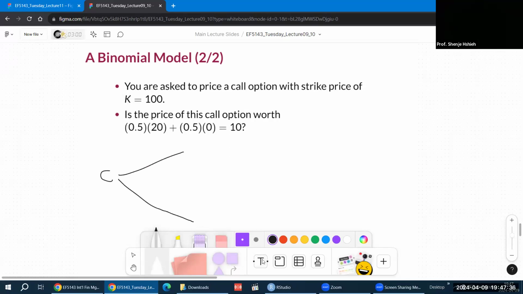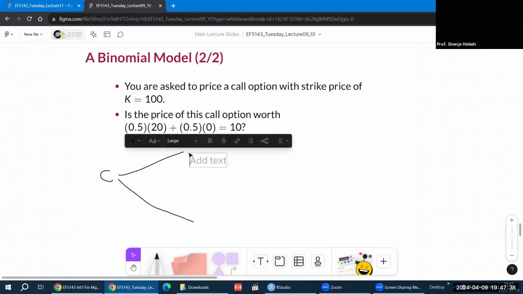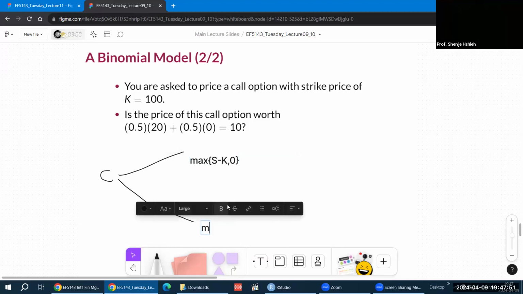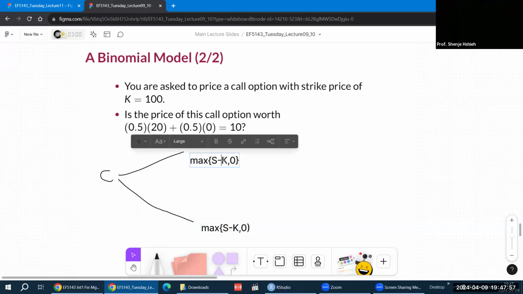And we know what the call option payoff looks like. Again, we're just working with a two-period model, assuming that it matures in one period. It's a max function, max of S minus K, where K is 100.